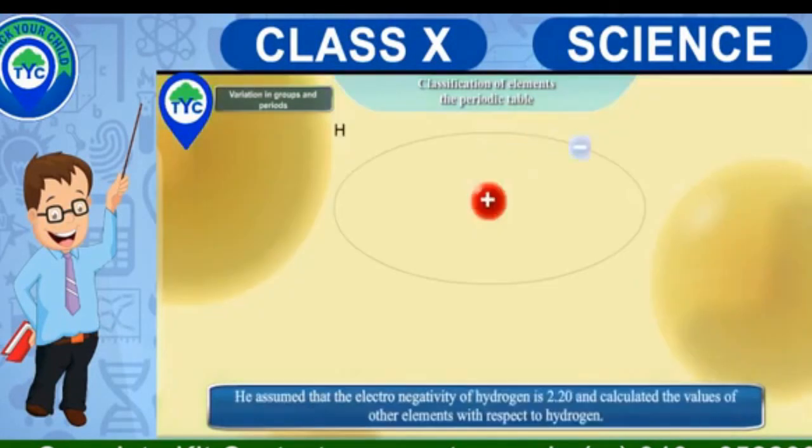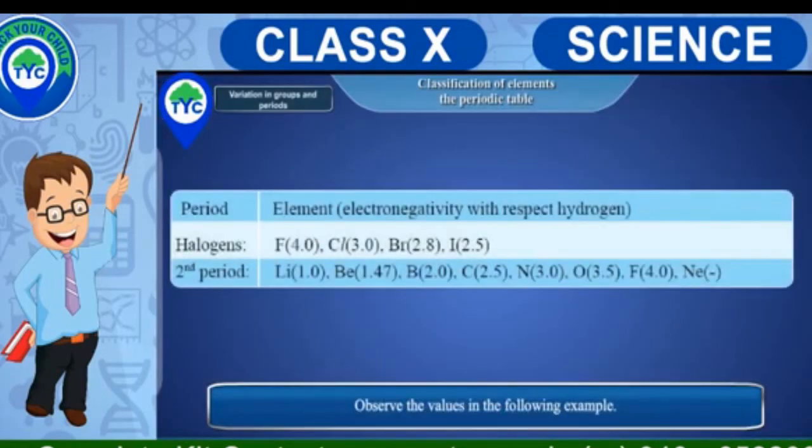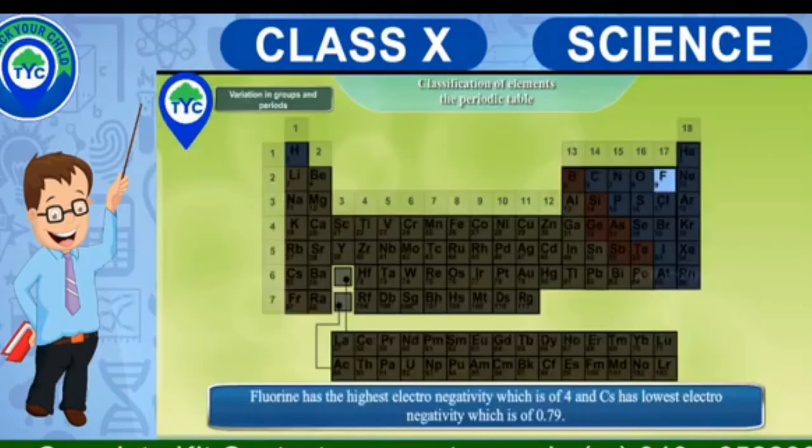He assumed that the electronegativity of hydrogen is 2.20 and calculated the values of other elements with respect to hydrogen. Observe the values in the following example. Fluorine has the highest electronegativity, which is 4, and Cs has the lowest electronegativity, which is 0.79.